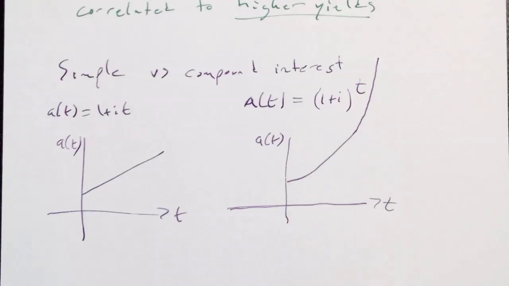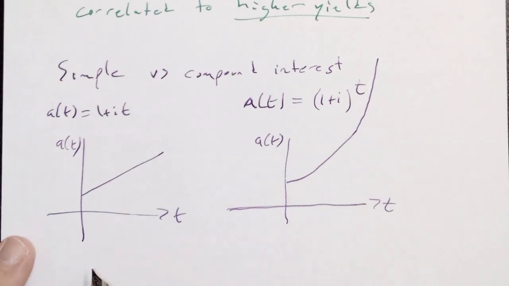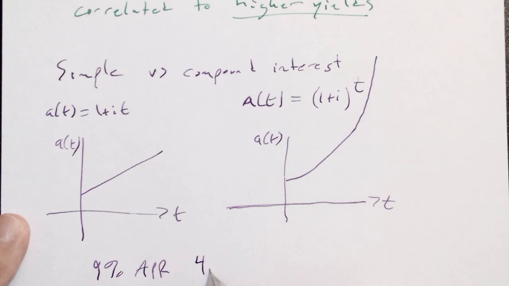Let's consider, I think the example is 9% at 4 years and 5 months. 9% APR, 4 years and 5 months.